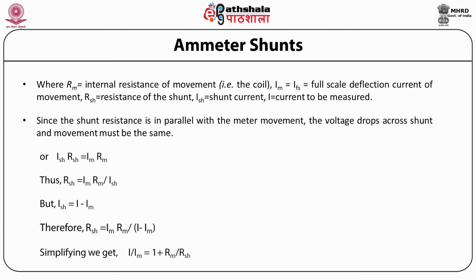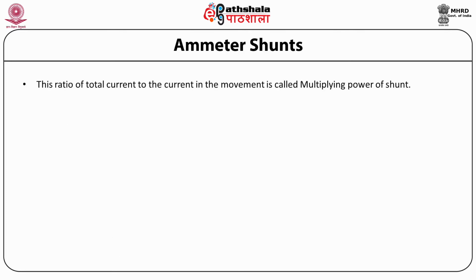Simplifying the above equations, we get I by Im is equal to 1 plus Rm by Rsh. This ratio of total current to the current in the movement is called multiplying power of shunt. Thus, the multiplying power M is equal to I by Im is equal to 1 plus Rm by Rsh.